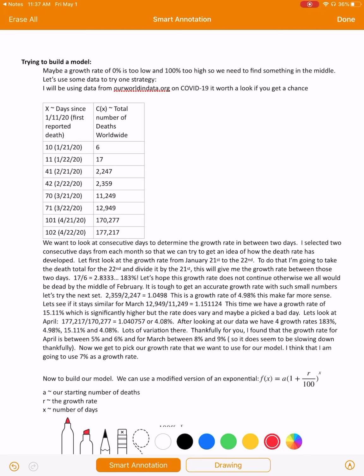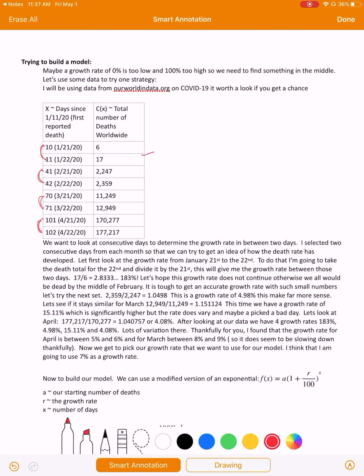You'll notice that I paired up the days in twos. So we've got the 10th and 11th day. This is days since January 11th, just because that's the first reported date. Obviously, we don't know for sure, but I did these in pairs, and each one of those I'm using to find a specific growth rate, right?